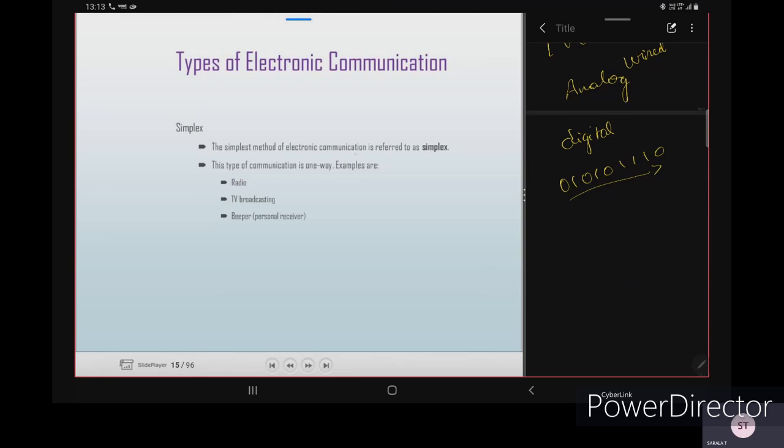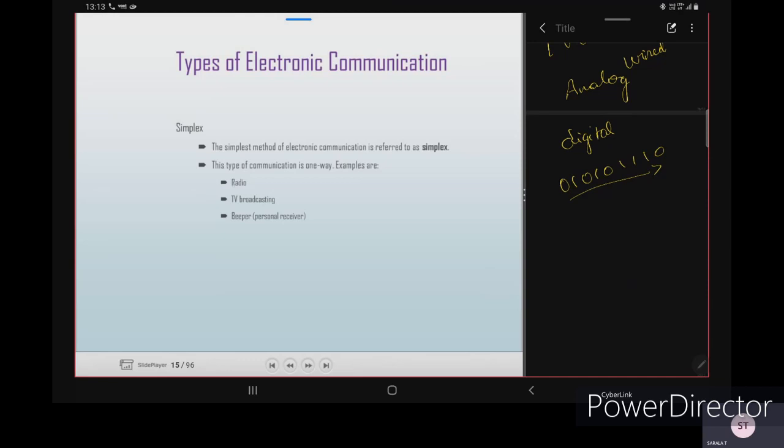Examples: radio is one-way communication, because on one side you only get the input, and the other side is the output part. You can't give a reply through the radio towards the destination. That is one way.